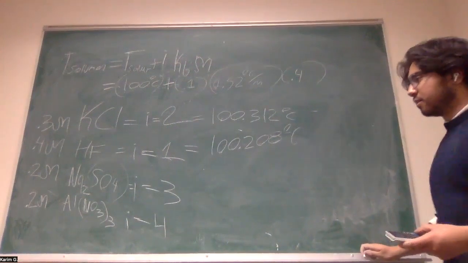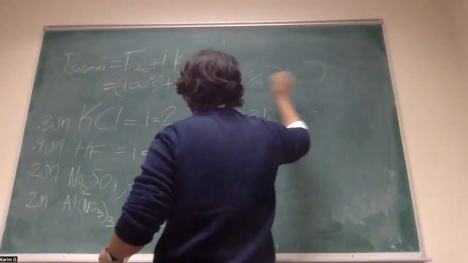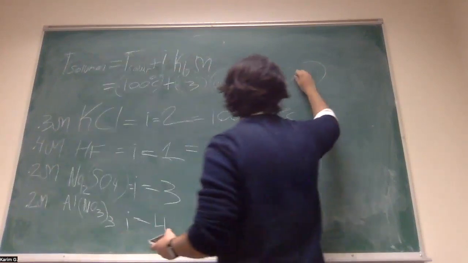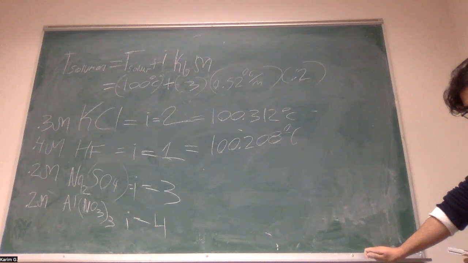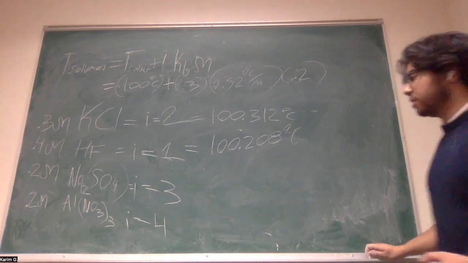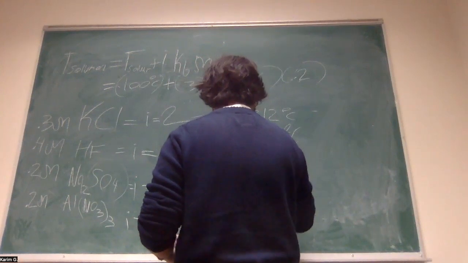Yes. Okay. And then for sodium sulfate, it has a Van 't Hoff of 3, but its molality is 0.2. So then 0.52 times 0.2 times 3 plus 100 gives us the same value, 0.312.